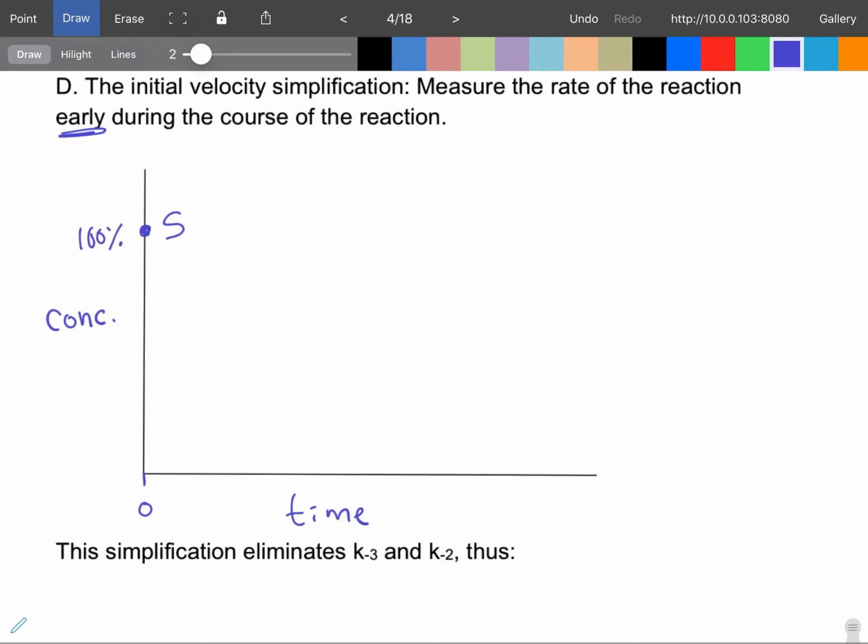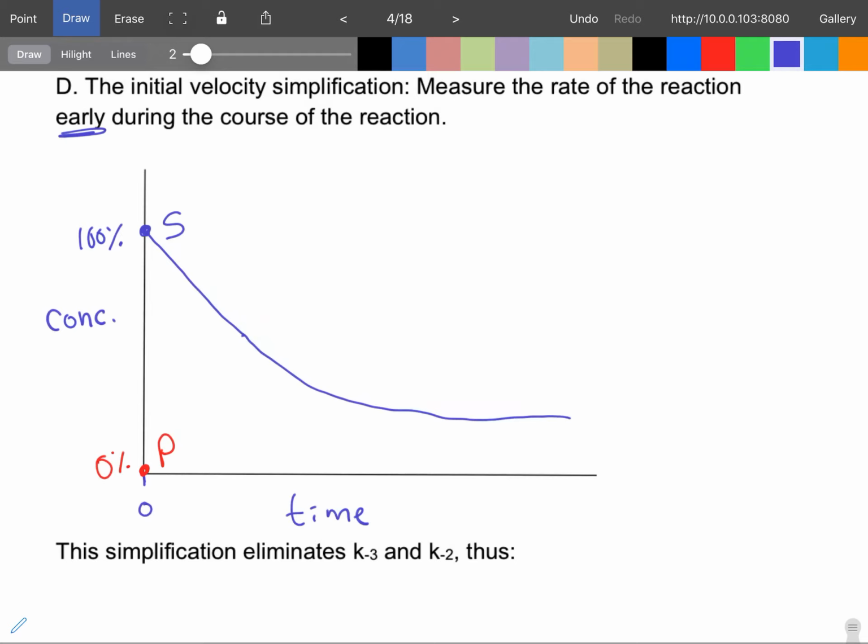So 100% of everything around is substrate, and 0% is product at that point, right? As we would expect, we're going to decrease the concentration of substrate, and it's going to achieve some equilibrium position.